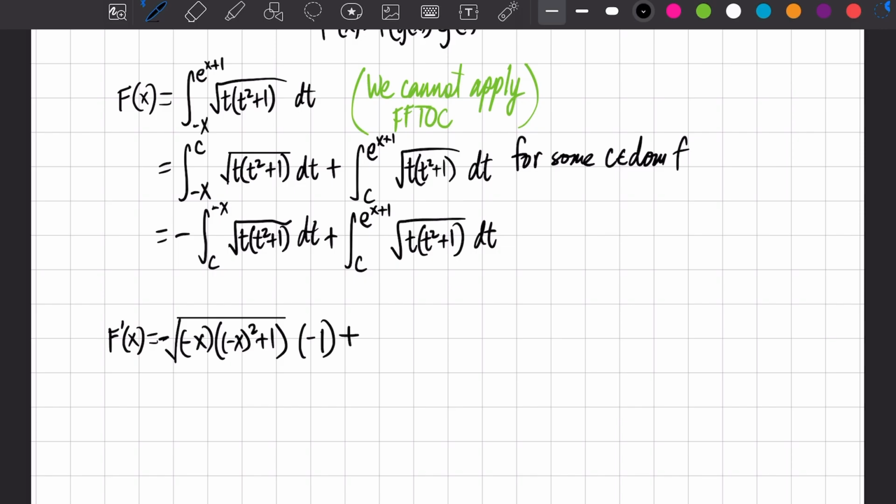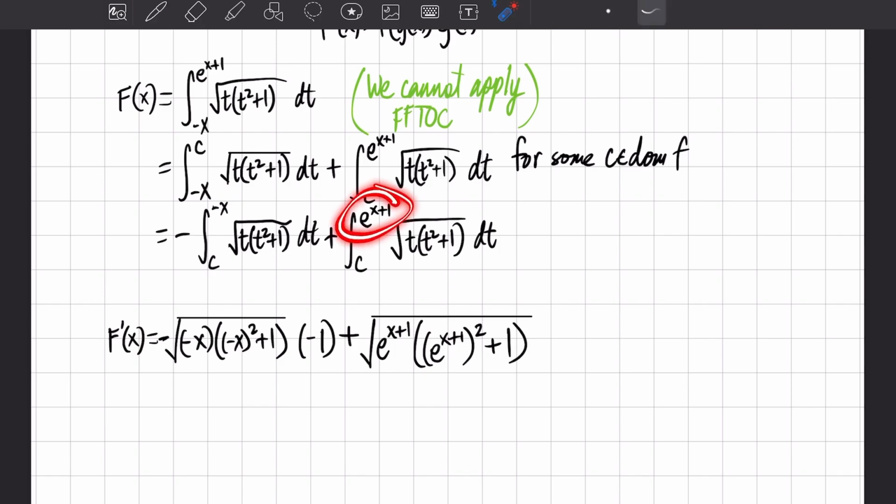Then plus the square root of, we will plug this one inside. We have e raised to x plus 1 multiplied by e raised to x plus 1 squared plus 1 multiplied by the derivative of this function right here. And the derivative of that one is e raised to x plus 1 multiplied by the derivative of x plus 1, which is just 1.